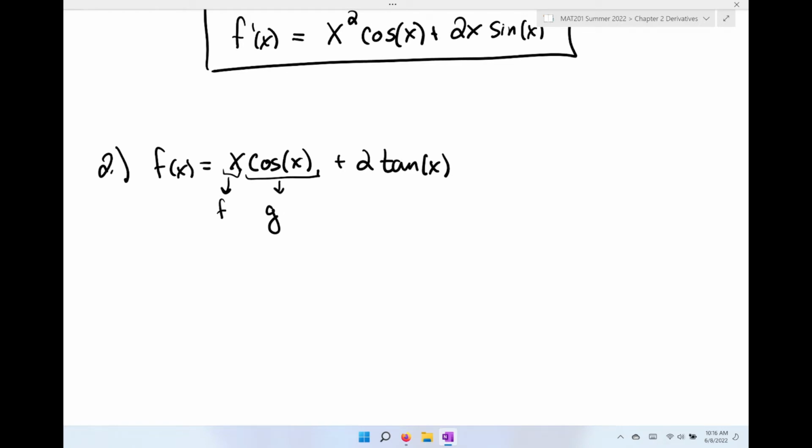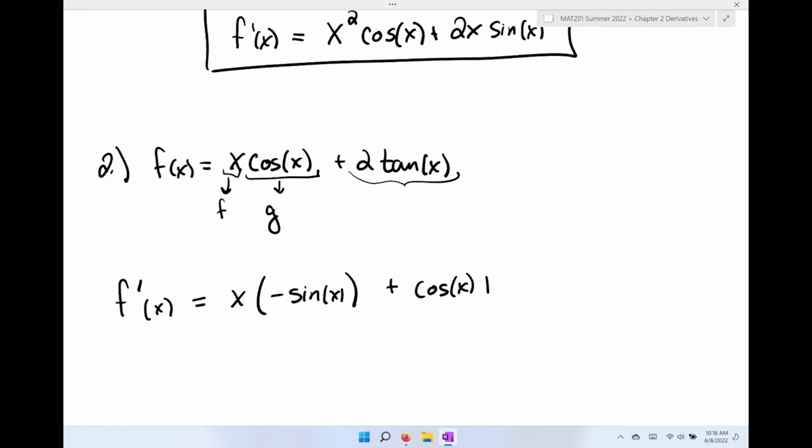This second term is just taking the derivative of tangent x. So our derivative is going to equal x times negative sine x plus cosine x times 1 plus 2 secant squared x.